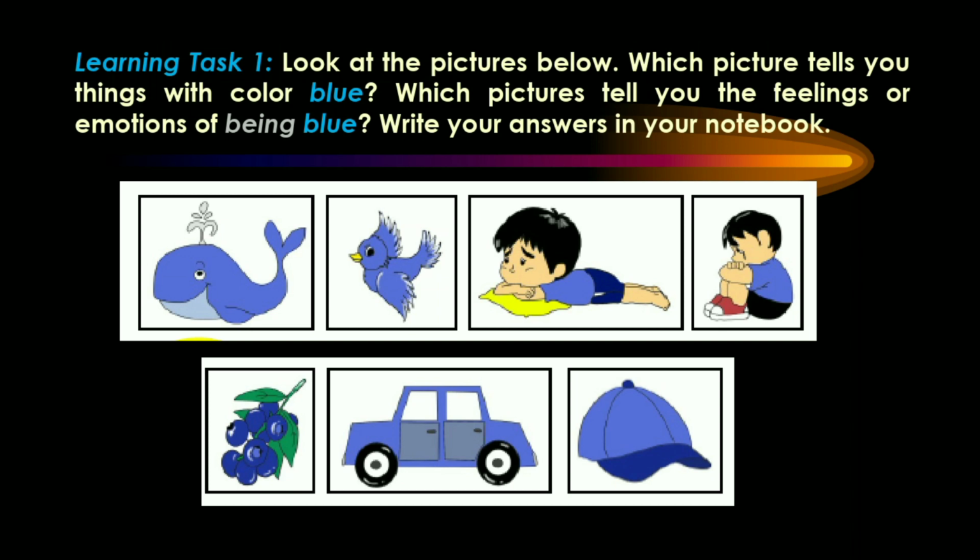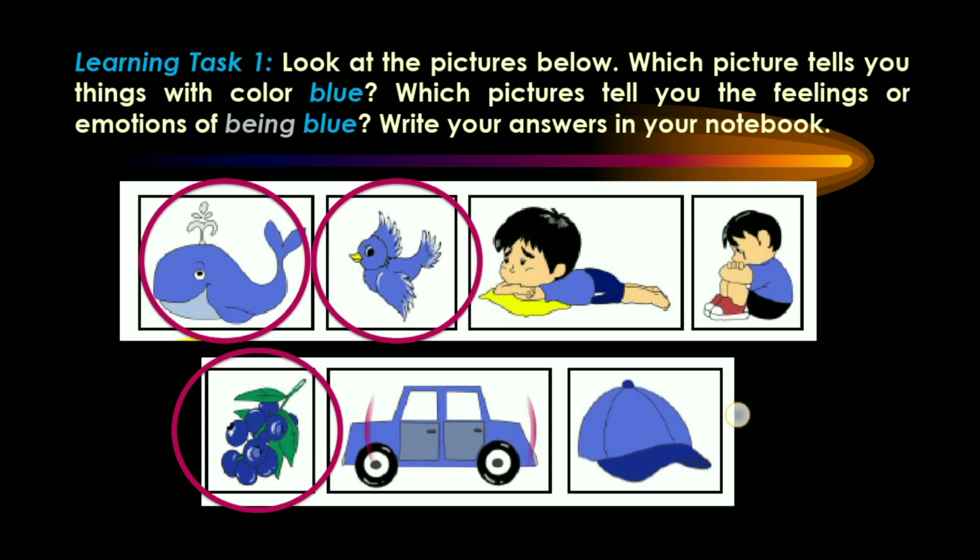Okay, so which among these pictures tell you things with color blue? The first one is the whale. What else? We also have the bird. What else? The blueberries, the car, and of course, the cup. What about the pictures that tell you the feelings or emotions of being blue?